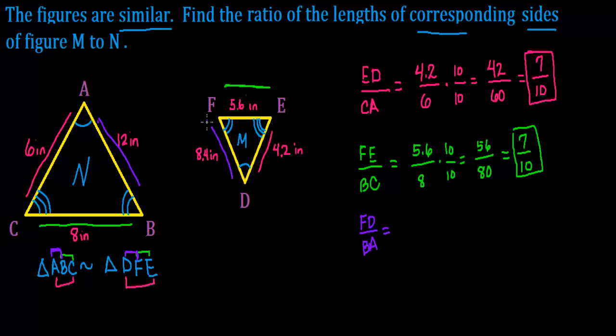FD measures 8.4 inches and BA measures 12 inches. Again, we multiply by 10, numerator and denominator, to get rid of the decimal point. This becomes 84 and this becomes 120. If we simplify this by 12, the common factor, 84 divided by 12 is 7, and 120 divided by 12 is 10.